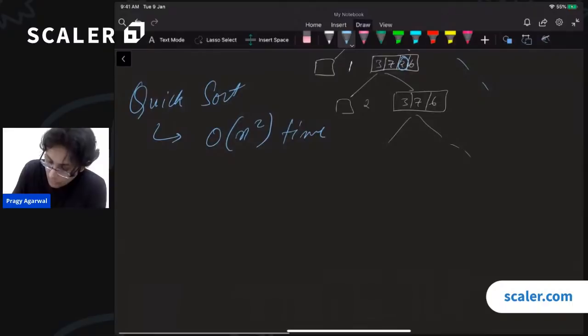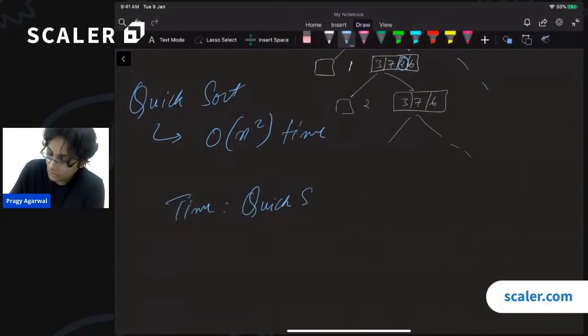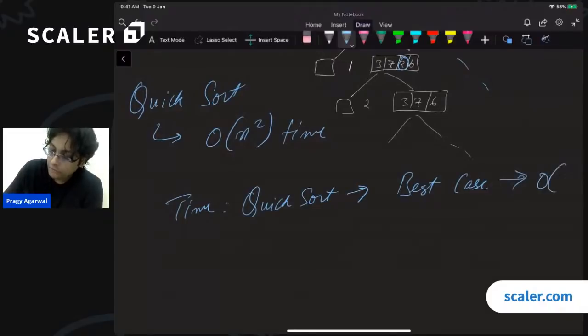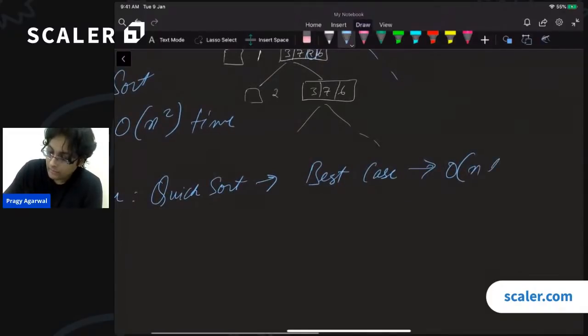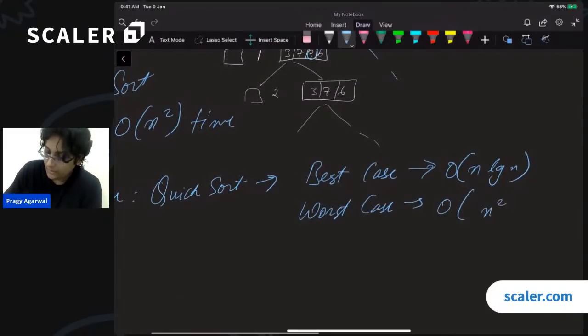Yes. So the time complexity of quicksort: in the best case, it is order of n log n. In the worst case, it is order of n square.